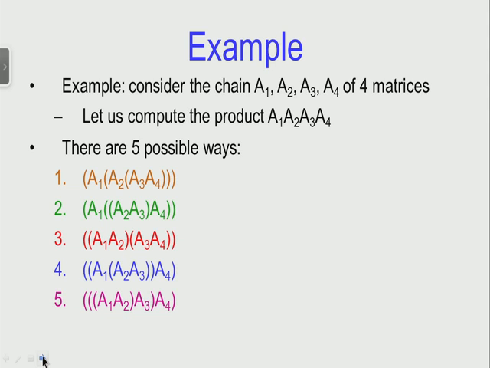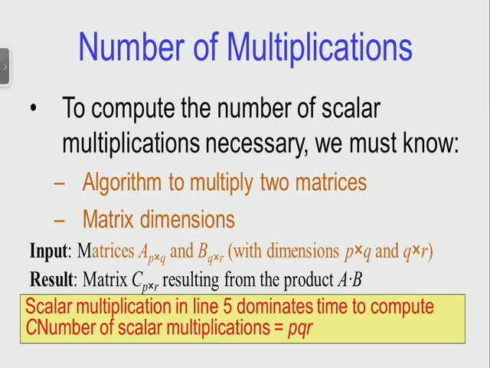What distinguishes these 5 different parenthesizations? Let us just see that. What distinguishes them is the total number of multiplications. Our aim is to now count the total number of scalar multiplications which are necessary.